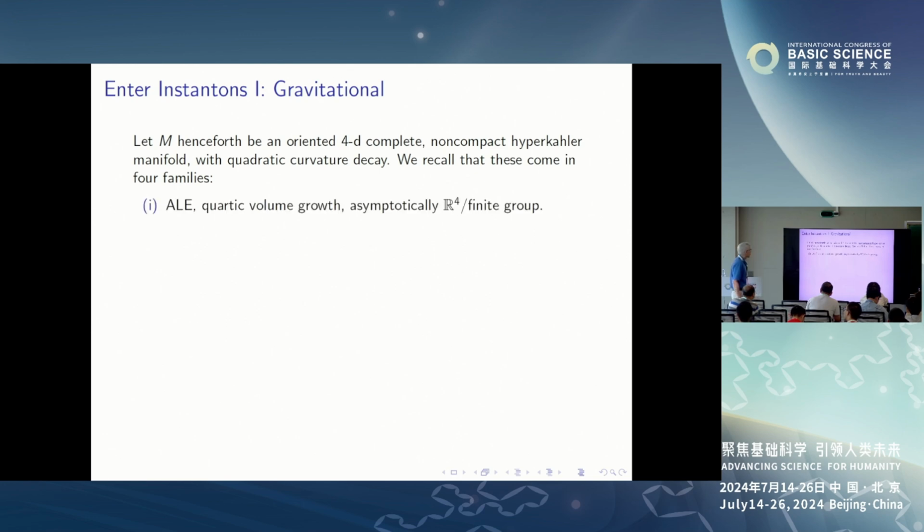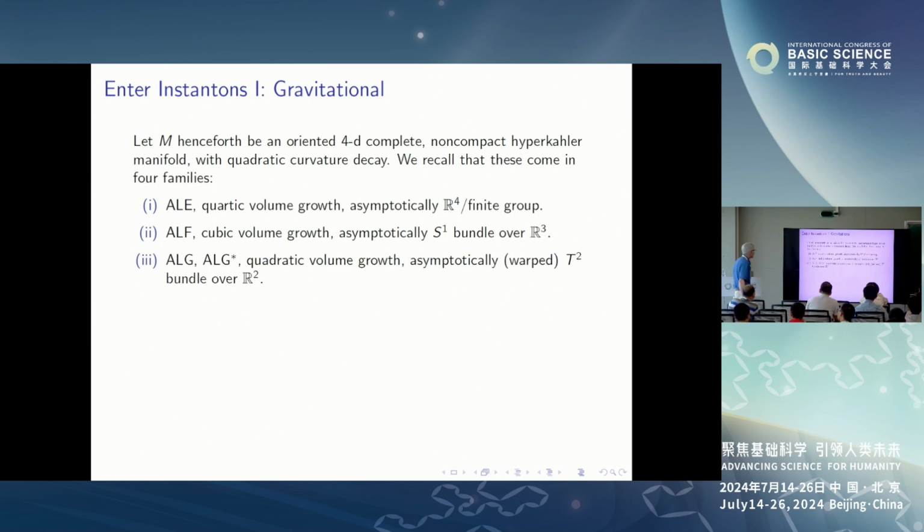The first family are the ALE spaces, asymptotically locally Euclidean, and they have quartic volume growth, and they're asymptotically of the form R4 mod out by a finite group. So pretty easy to understand. The next family, the one that I'm going to talk about today, are the asymptotically locally flat, or ALF, gravitational instantons. Those have cubic volume growth, and they're asymptotically of the form of an S1 bundle over R3, or maybe a finite quotient of the same.